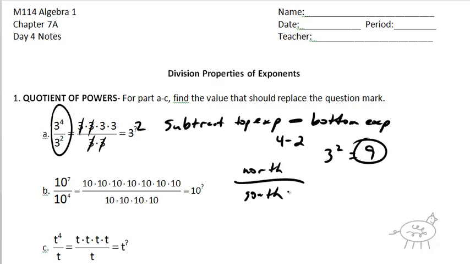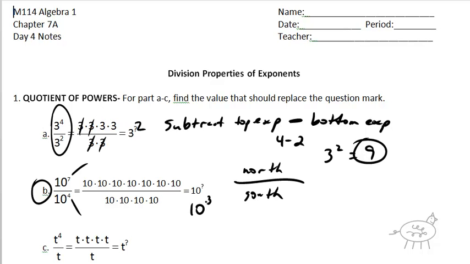Let's look at B here. If 10 has 7 armies on the top, since the exponent is 7, and the south has 4 armies on the bottom, who wins? The north wins by 3 armies, because it's really 7 minus 4. So the answer to this one is 10 to the 3rd power.